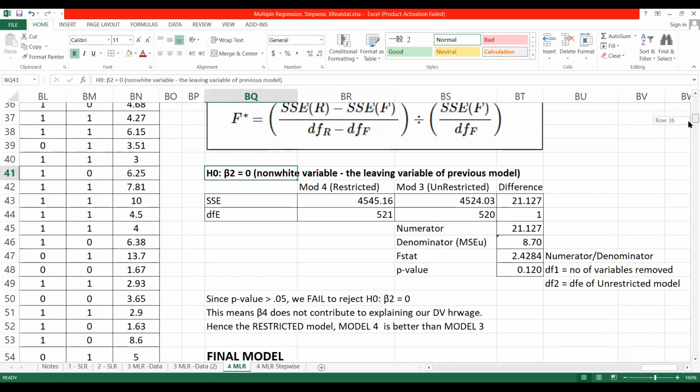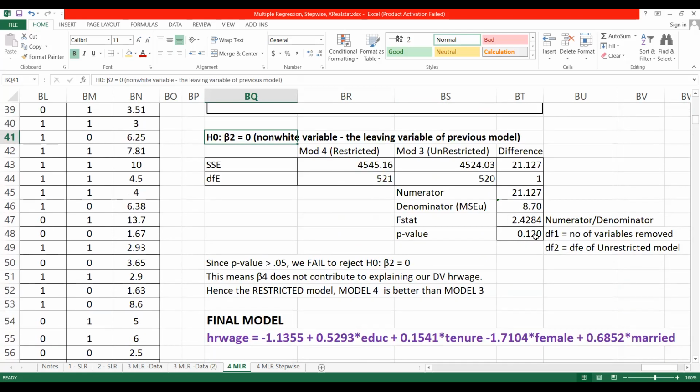Diba? So it turns out that this hypothesis, guys, we failed to reject it. This means, guys, that B2 does not contribute to explaining our dependent variable, wage. Hence, the restricted model 4 is better than model 3.